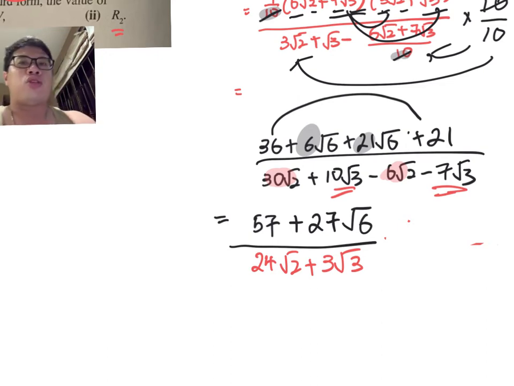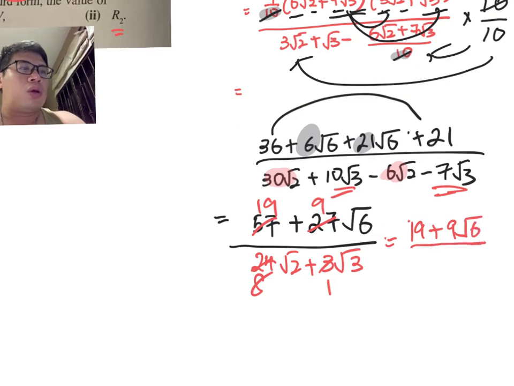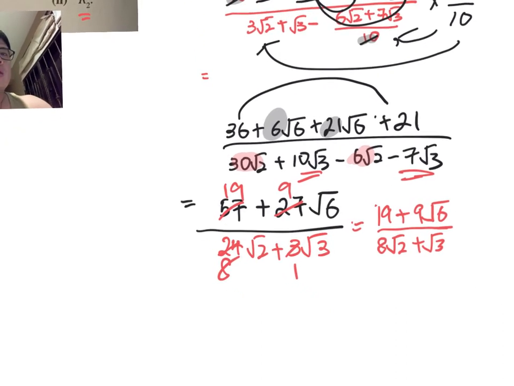If you divide all by 3, this will become 8, this will become 1, this will become 9, and this becomes 19. So you get a very nice and smaller number even before you start to apply the conjugate. The smaller the number the better, correct or not? So you have less things to work with.